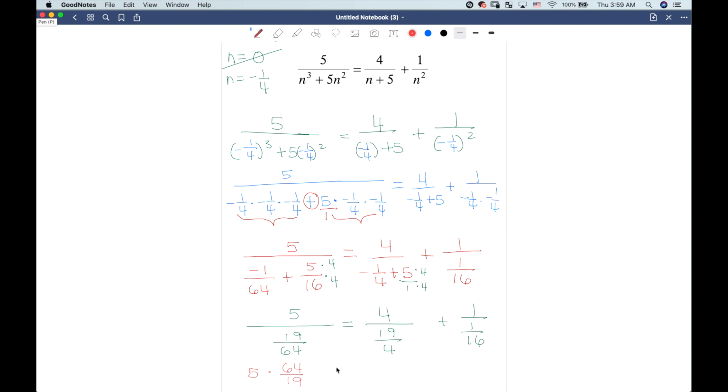Nothing happens to the sign. Instead of dividing, I'm going to multiply the reciprocal of the fraction. Again, when you multiply straight across. So if you're not sure, just go ahead and just put the 1 at the bottom.